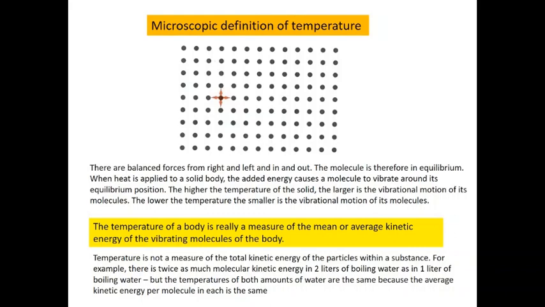Kinetic energies of each atom can be different, but the mean value, the average kinetic energy, has the meaning of temperature. So if the temperature is high, then the oscillation energy or motion energy of atoms is higher. If the temperature is small, then the kinetic energy of the atoms is small.